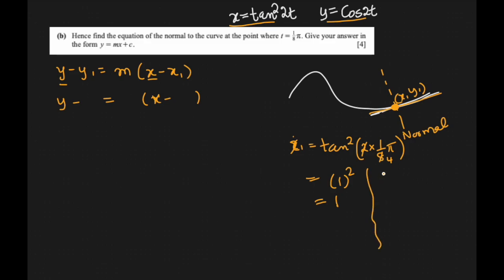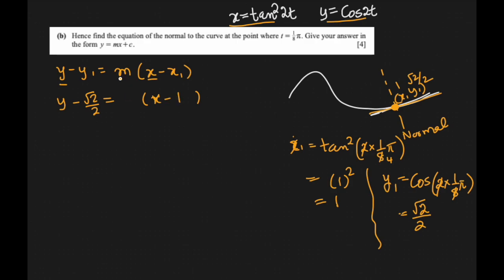Let's talk about y1, which is cos 2t. Again this cancels. So cos 1 over 4 pi, which is square root 2 over 2. We got both. So x1 is 1 and y1 is square root 2 over 2.